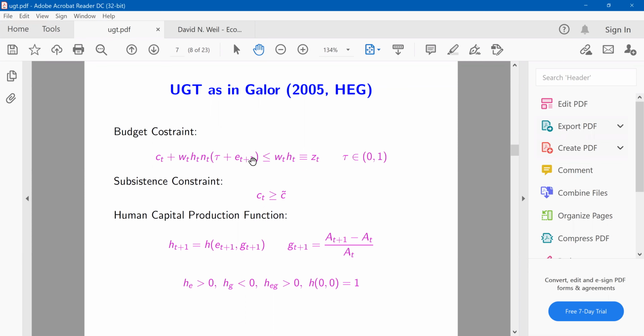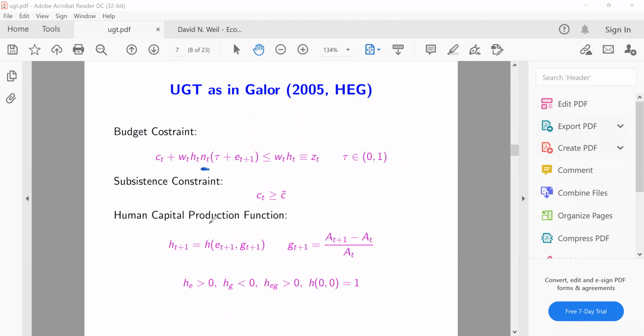This is the time cost of children. You have N_t kids, right? For each kid, you make 2 time investments. This is nursing, and this is education.